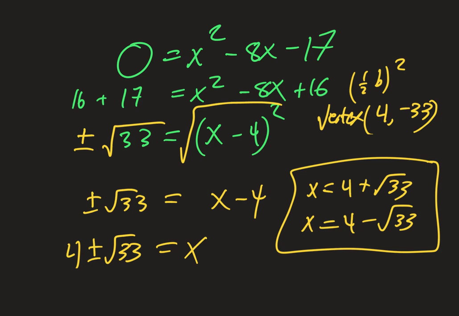All right. And then one more here. 0 equals x squared minus 8x minus 17 with the quadratic formula.